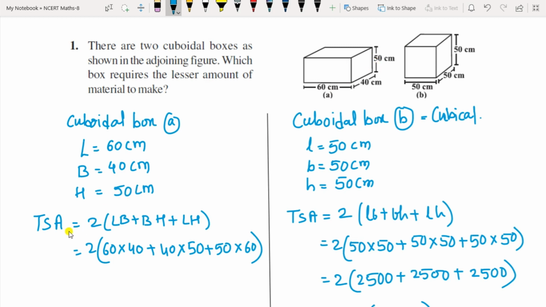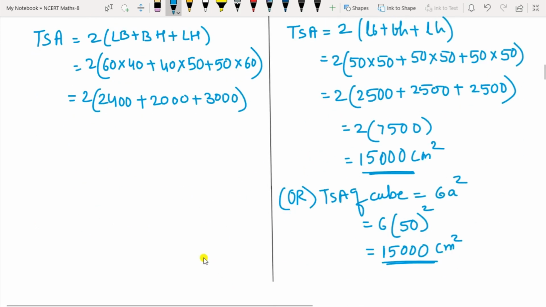Total surface area of the cuboid: write the formula and substitute the values in it. You will get 2 into, 6 4s are 24, 5 4s are 20 and 5 6s are 30. Now add all those in the bracket.